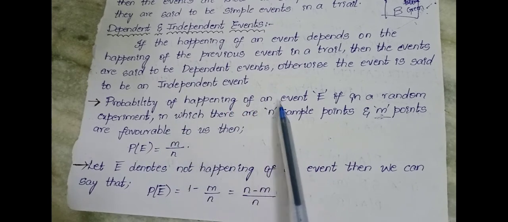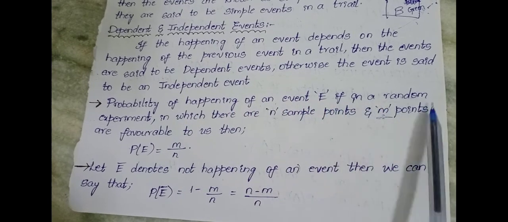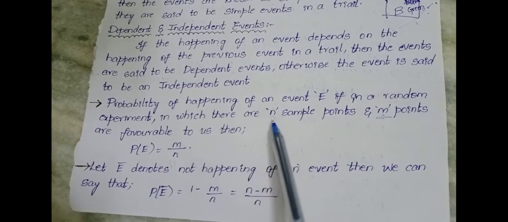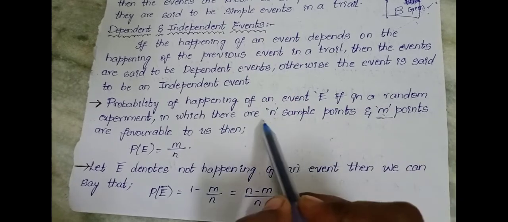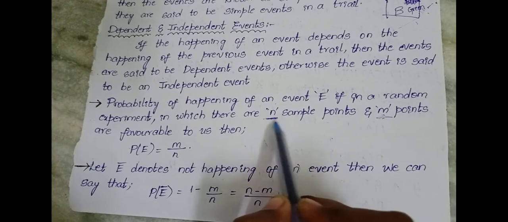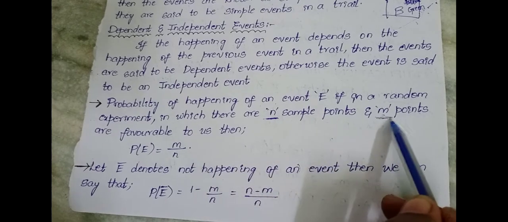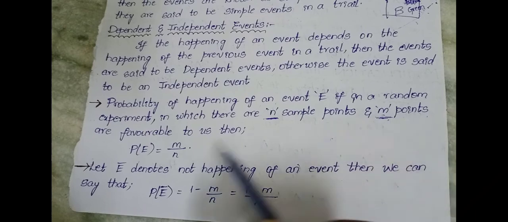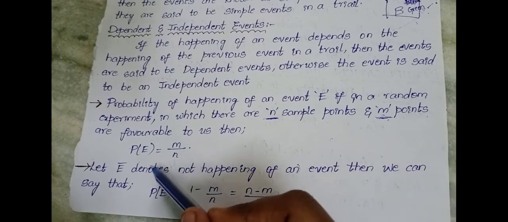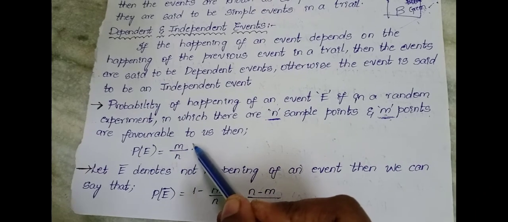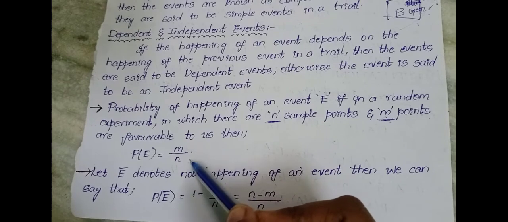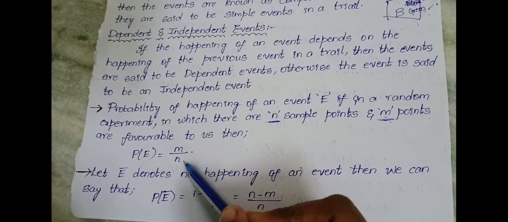Probability of happening of an event E in a random experiment in which there are n sample points, meaning n outcomes are there, and m favorable outcomes. Then the probability of happening of that event is the number of favorable outcomes by the total number of outcomes, that is m by n.